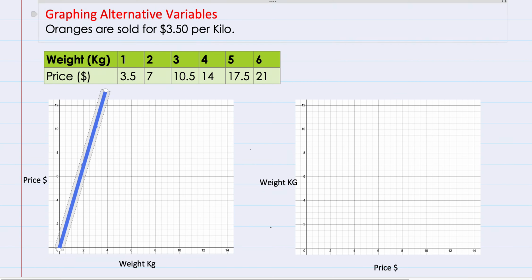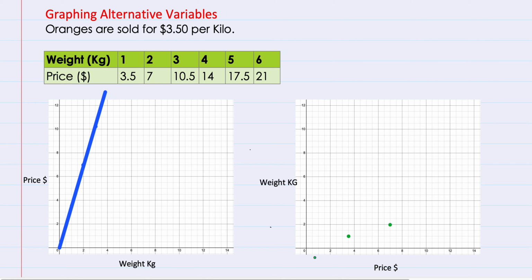If we plot it the other way around, and we have our price is $3.50 and we get 1 kilo of oranges, right there. Our price is $7 and we get 2 kilos.